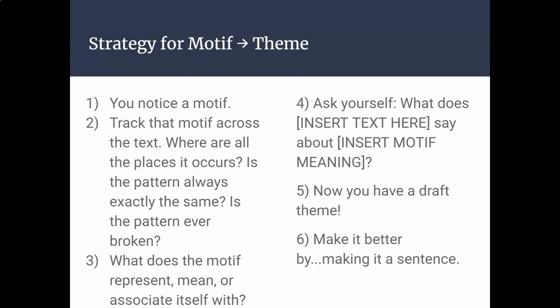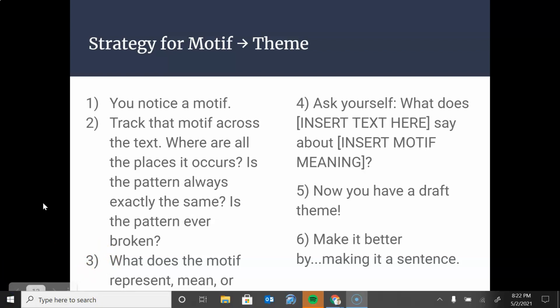And then we have to go a step further and ask ourselves, and this one is a little bit harder to identify, what does the motif represent or mean? What's the deeper meaning behind that item, that motif? We're going to ask ourselves, what does the name of the text say about the motif?